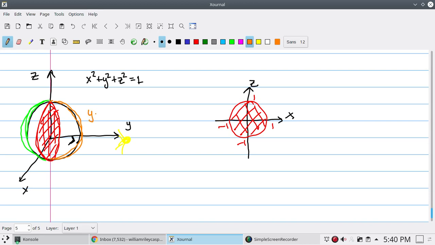When I do that, I get y equals the square root of 1 minus x squared minus z squared. When I take that square root, I'm going to have a plus or minus, and the minus gives me the other side, so y equals minus the square root of 1 minus x squared minus z squared. That gives me my left and right hemispheres. My region in the xz plane also has an upper curve and a lower curve. The upper curve is this one, and the lower curve is, maybe let's use this sky blue here.